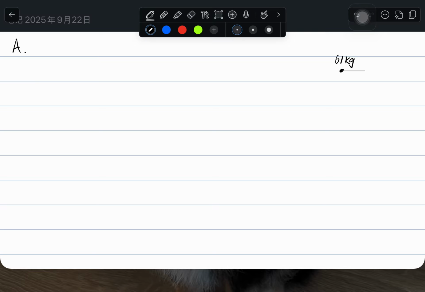So here's the applied force. This is the mass, and it's 25 Newtons. And the question asks us for the acceleration of the box. So we know the formula: force equals the mass times the acceleration.